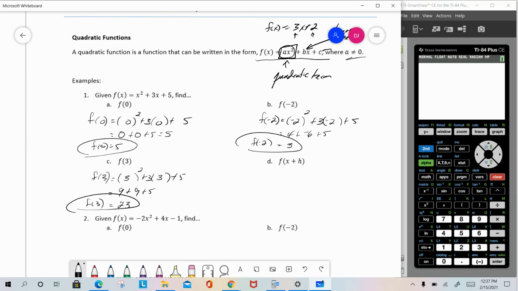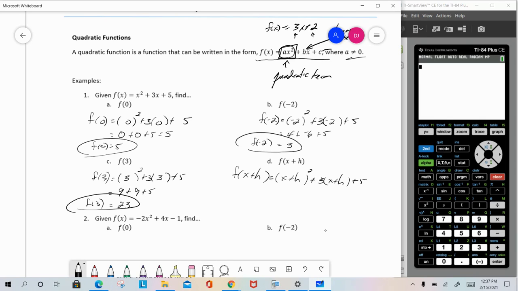Okay. Now, D is interesting, f of x plus h. To find f of x, remember we said that's x squared plus 3x plus 5. In this case, instead of replacing the x with 0, or with negative 2, or with 3, what I'm replacing the x with this time is x plus h. So imagine you took the x out and replaced it with x plus h.